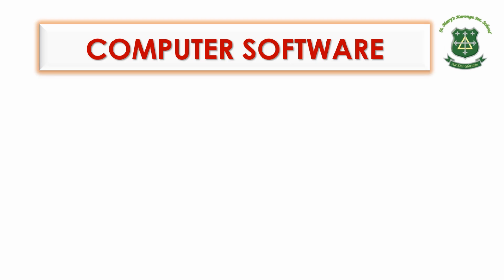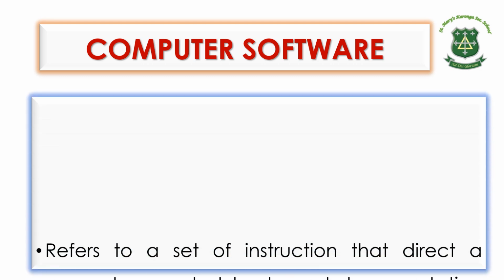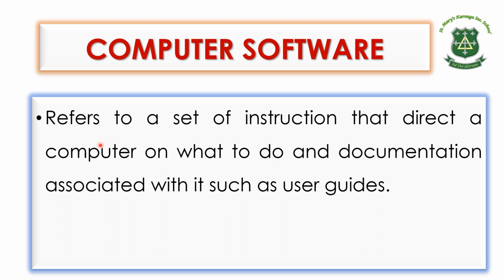Now, let us proceed. What is computer software? When we talk of computer software, it refers to a set of instructions that direct a computer on what to do, and the documentation associated with it, such as the user guide.